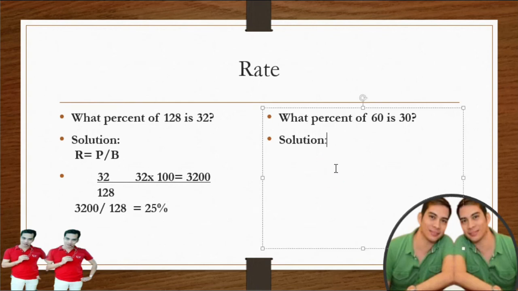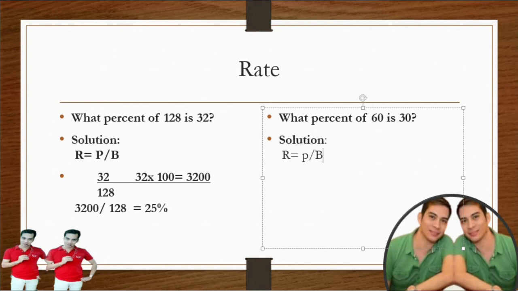Another one. What percent of 60 is 30? Solution. Write the formula. R equals P, or the percentage, divided by base.